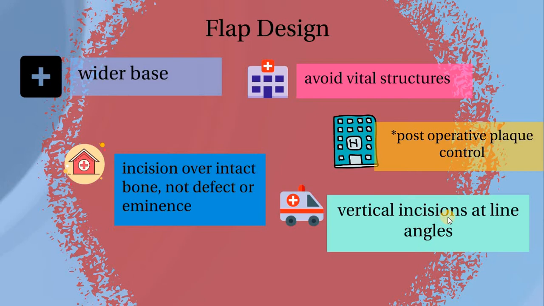The vertical incisions should be at line angles. Then we should have post-operative plaque control for every flap procedure. When you open a flap and close it, you should instruct your patient about post-operative plaque control.